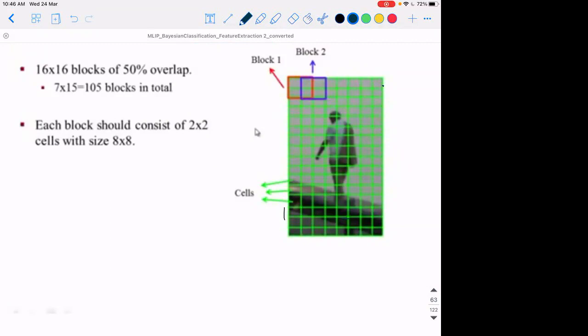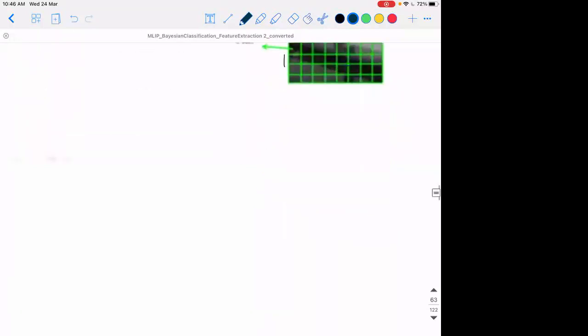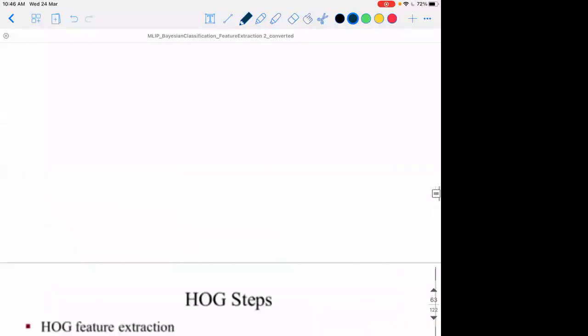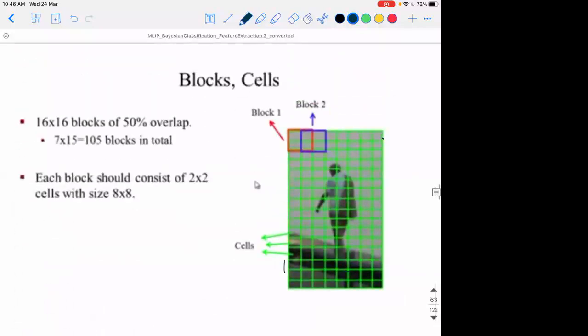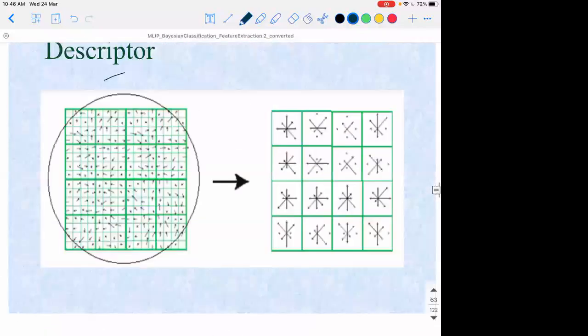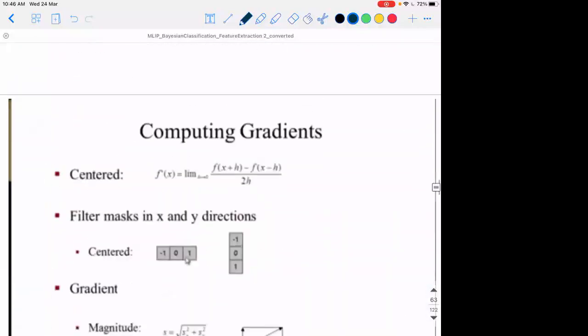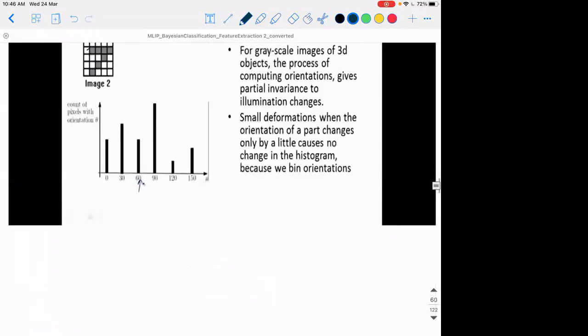Excuse me, sir. HOG for key point detection, key point matching, is it invariant to rotation also? Yeah, it is slightly invariant, because what we do in HOG is we bin them into angles. So the whole histogram is being mapped to only 10 different locations of angles, or even here only 6 different angles.